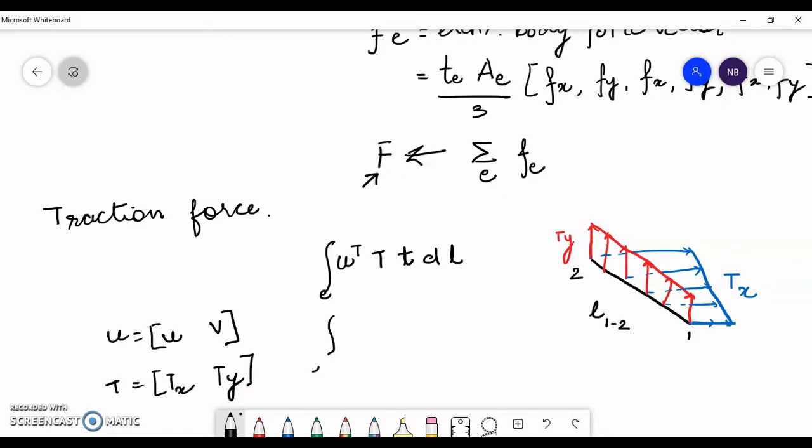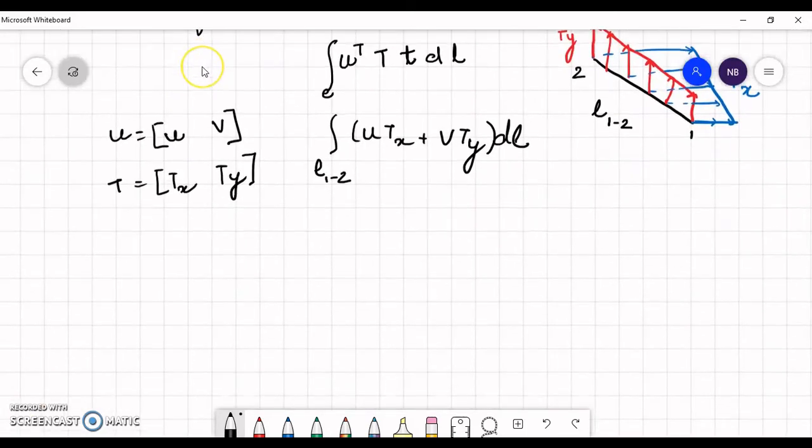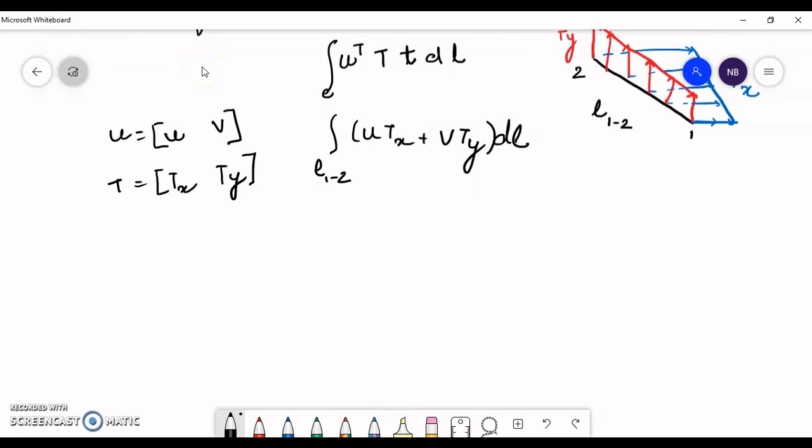So using this, integral over the length 1 to 2, we get u Tx plus v Ty dl. Using the interpolation relations and the shape functions, we know that this is only for the length L12.